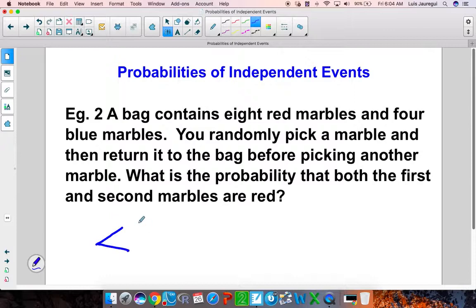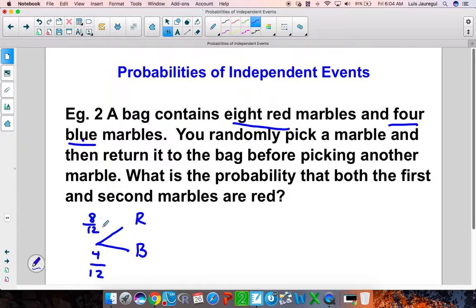I either have red or blue. Now, for the probability of getting red, notice you have 8 of them and you have 4 blue ones, so your sample size is 12, but 8 of them are red, so you have an 8/12 probability of getting red. When it comes to blue, it will be the complement of that, so that's 4/12.